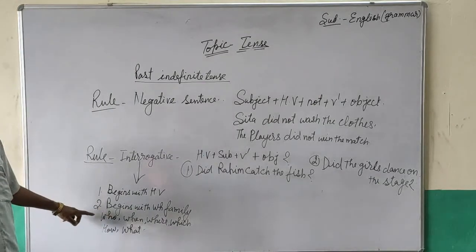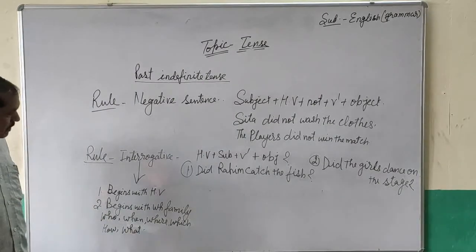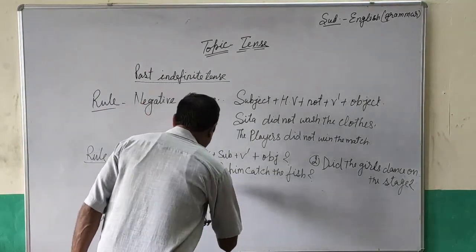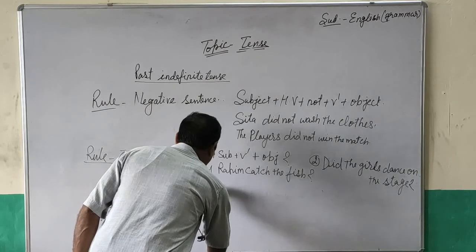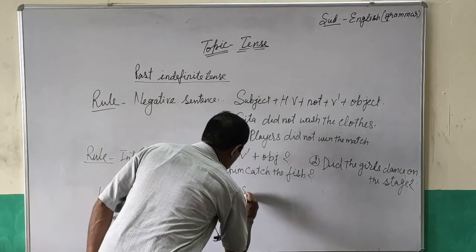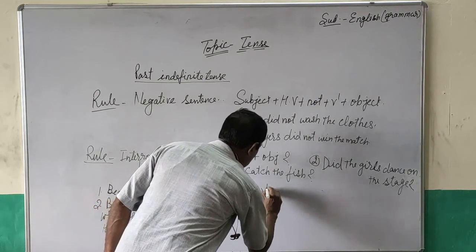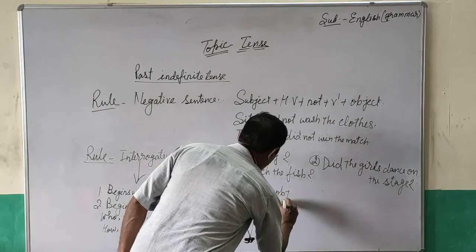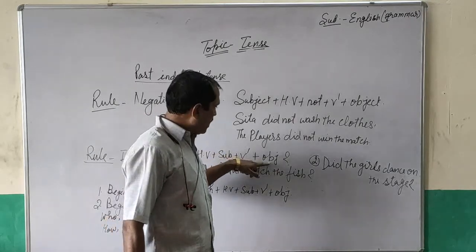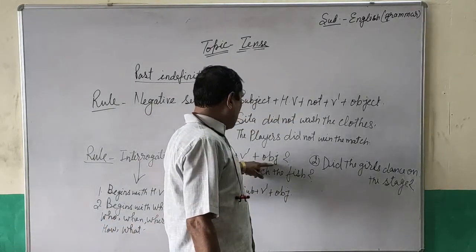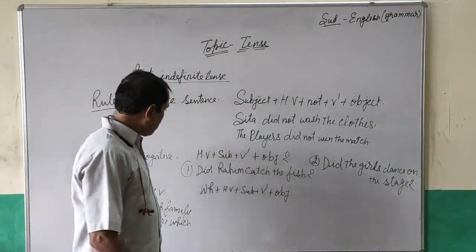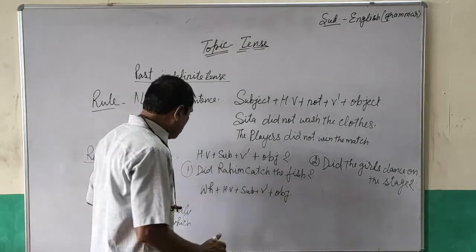Now, we take the example that begins with the WH family. The rule: WH family plus helping verb plus subject plus first form of the verb plus object. Short form of the subject, S; short form of the verb, V; short form of the object, OBJ; helping verb, HB.